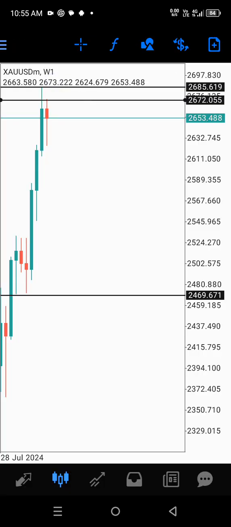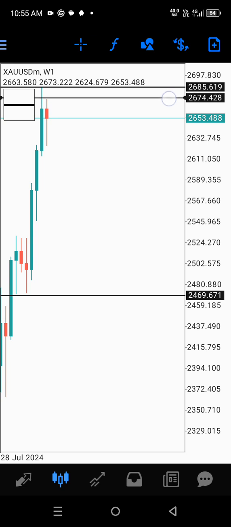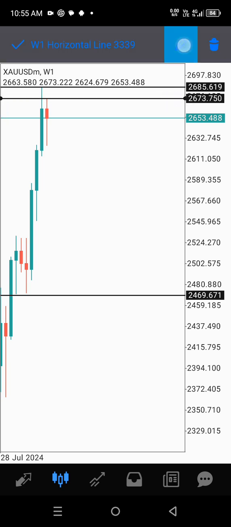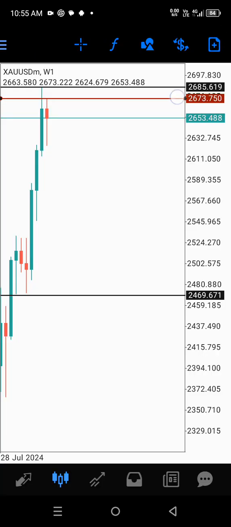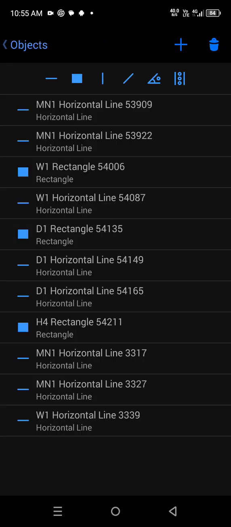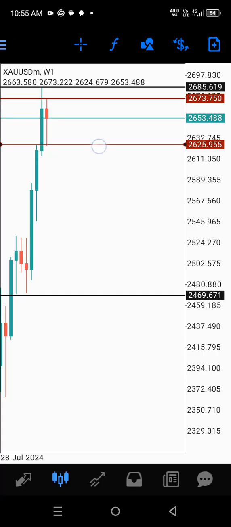The 3 months candle started as a bearish candle, but gold has been rallying towards the upside.